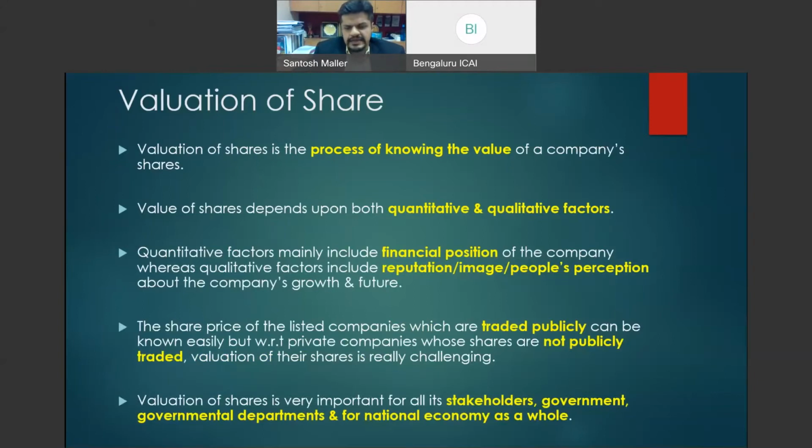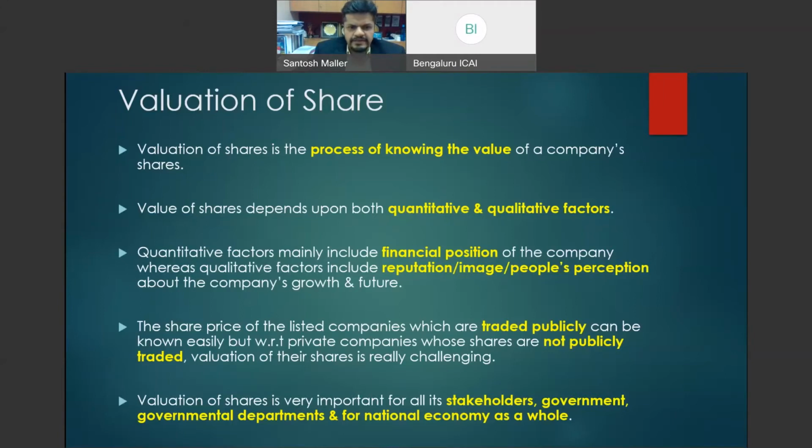As I said, the underlying presumption is that the investor or the valuation expert has full knowledge about the company's operations, and there is no opaqueness or lack of transparency.